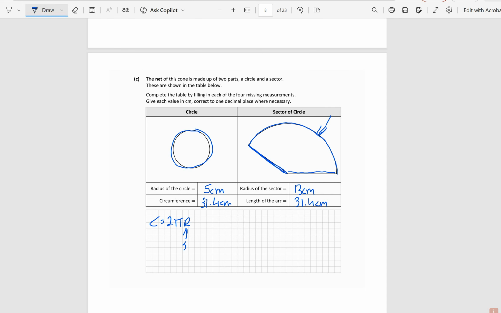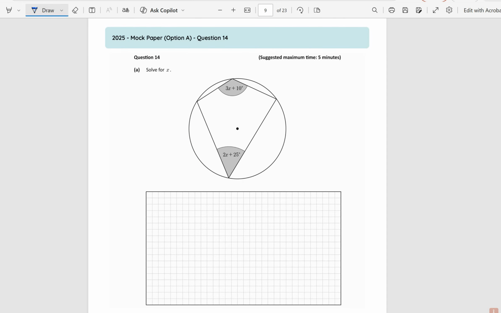All right, next one, a bit of geometry. You need to know something for this, which I taught you, which is this and this add to 180 degrees. Remember, opposite angles in a quadrilateral add to 180 degrees. So by that logic, we can say 3x plus 10, that's this bit, plus 2x plus 25 equals 180 degrees.